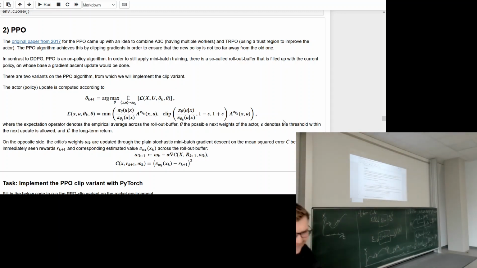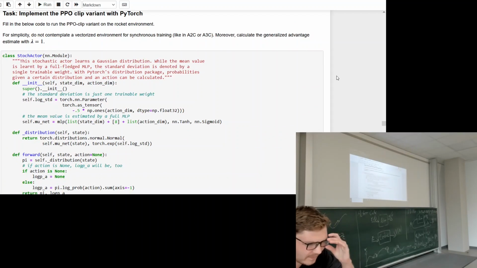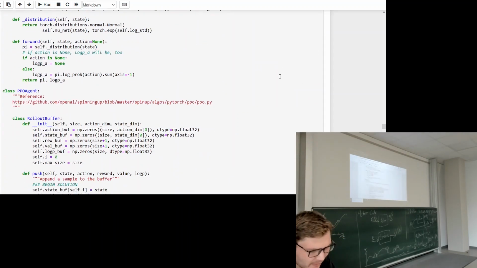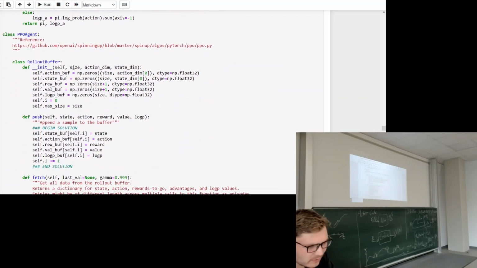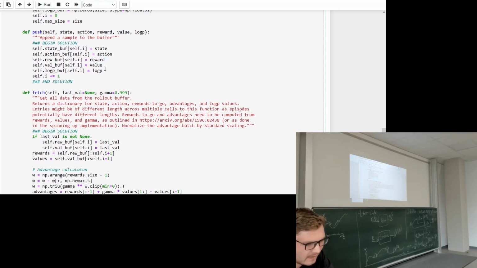Okay, I try to move over the code a little faster now, because I think most of you will be able to read over that anyway. So we use a rollout buffer here, which is not the same as a replay buffer, because in a rollout buffer we only have the full episodes or the full trajectories.